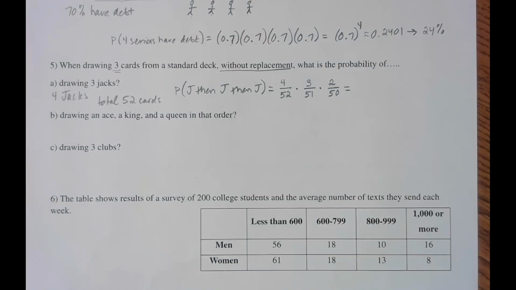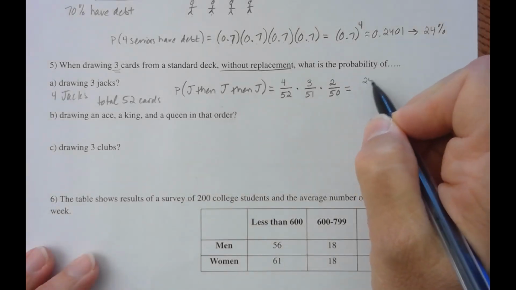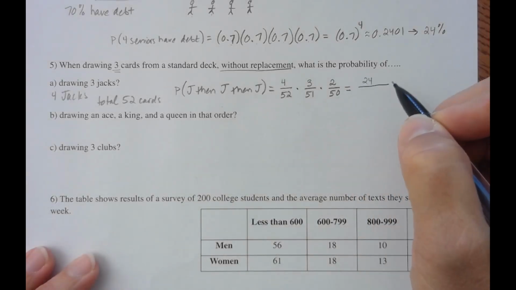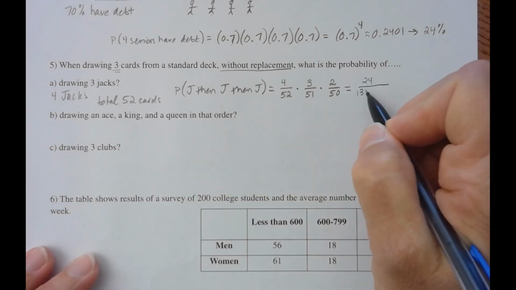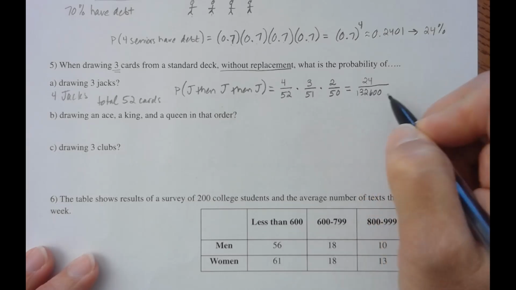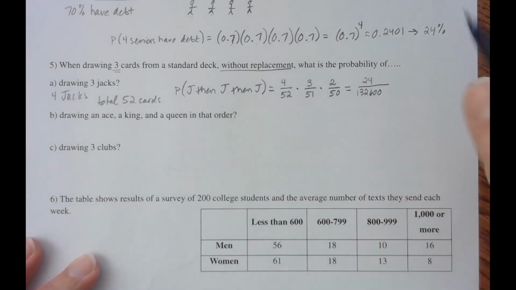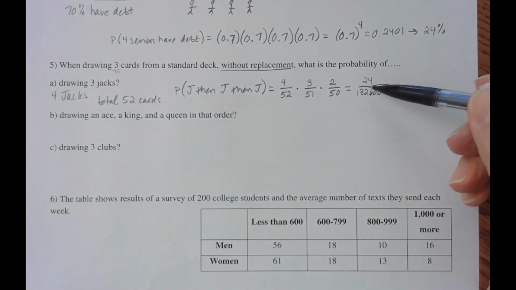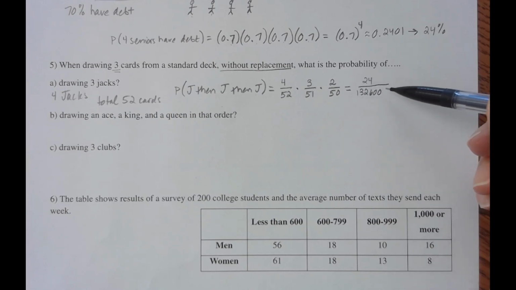Multiply that out on your calculator. 24 over, this is a pretty big number, so calculators are very helpful. And I'm going to change that to a percent, because if someone said you had a 24 out of 132,600 chance of doing this, I would say, I don't know what you mean by that.